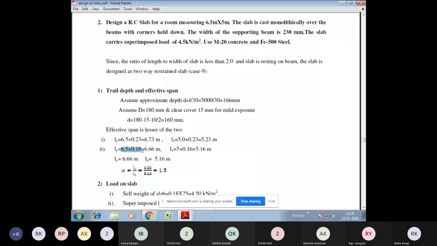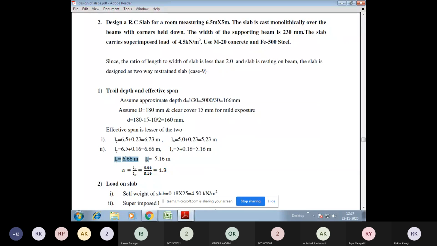The clear span plus the effective depth value is 6.66 meter, and the Lx value is 5.16 meter, that is clear span plus effective depth. Out of these two values of Ly, that is 6.73 and 6.66, we are supposed to consider the least value, and likewise for Lx we need to consider the smallest value, that is 5.16 meter.